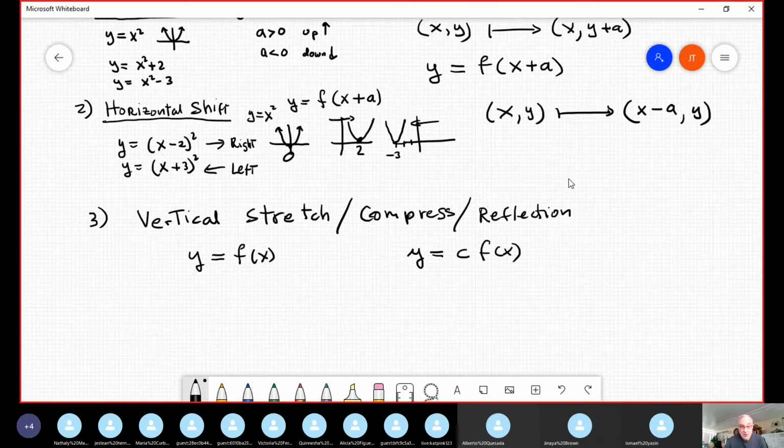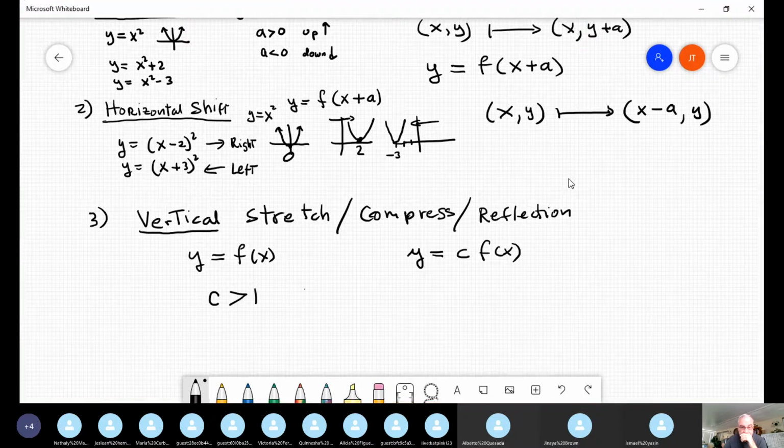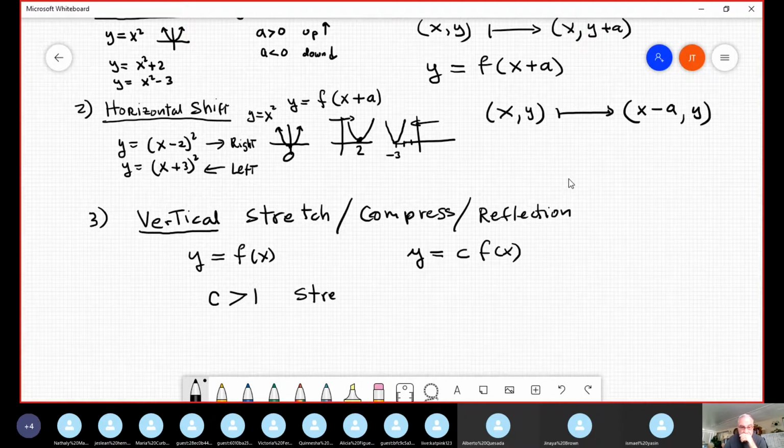Now, if you see that C is a number bigger than 1, for example, 2, 3, 4, 5, 100, it is a vertical stretch. It's a vertical stretch, which is the first category. Stretch means that it is enlarged. Suppose one image.